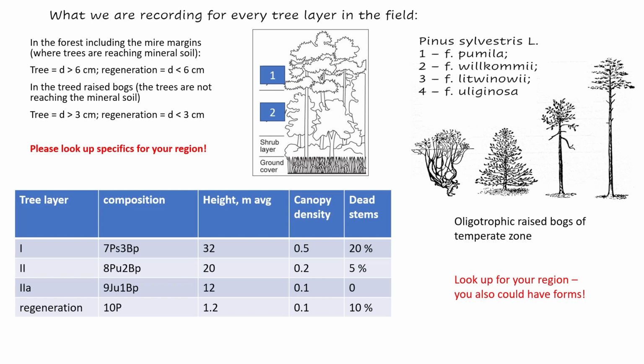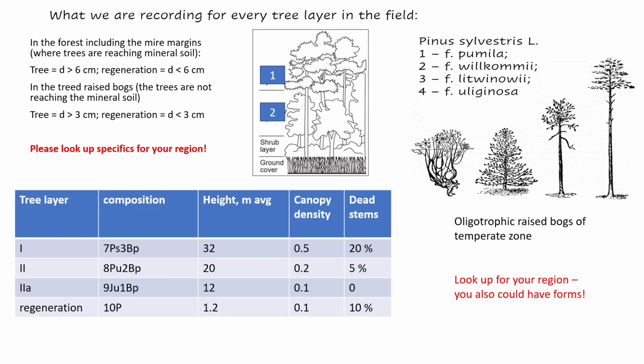Then comes the form Wilhelmi, which is a shrubby form. And then comes forma pumila, when the sphagnum on the top of the peatland is growing so fast that it is eating up the pine, and the pine is represented on the surface only by small branches, doing its best to grow as fast as possible.